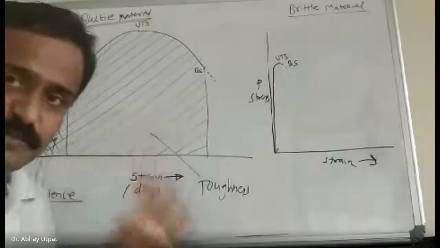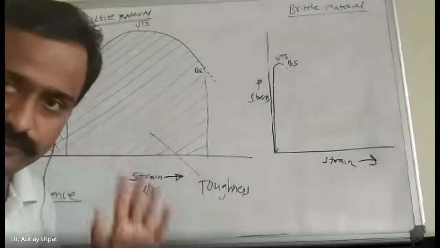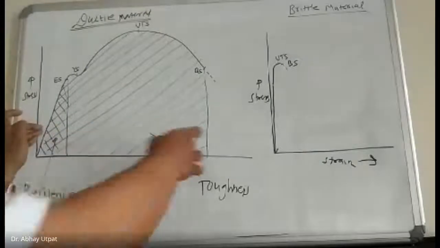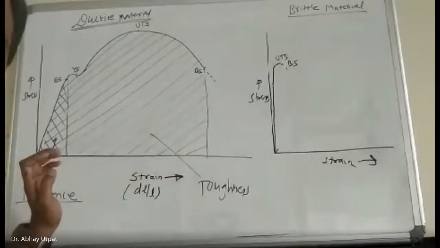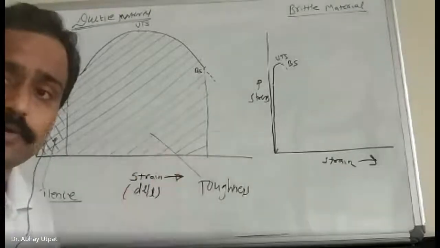What is this hatched part? The hatched part is the area under the stress strain curve. That is called toughness, complete from this point to this point. So, toughness is energy absorbed prior to fracture.